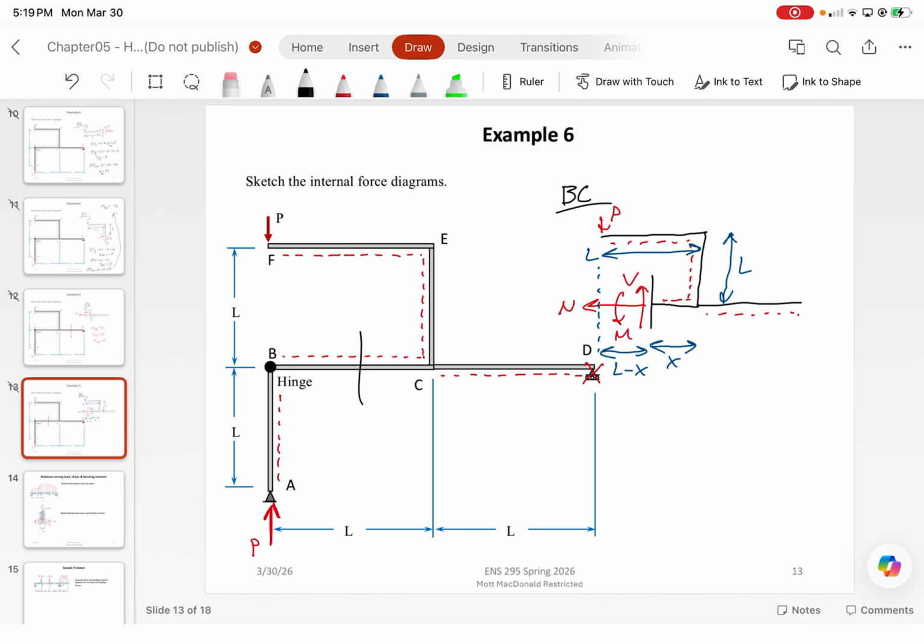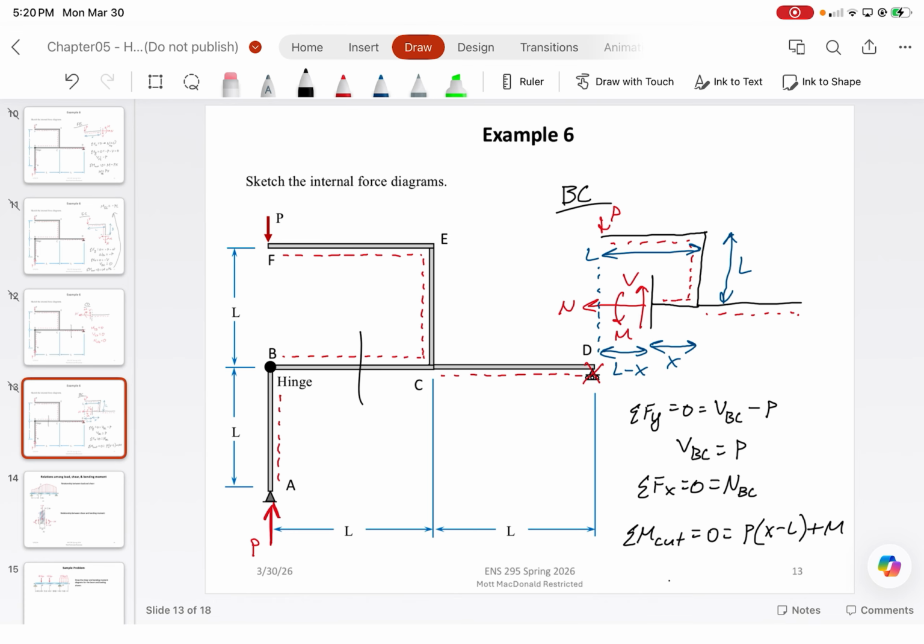And then from the sum of the moments about the cut equals 0, we get that it should be P times x minus L plus M, which means that the bending moment in BC is equal to P times L minus X. Nope, I'm wrong, it's not X minus L. Correct me on that. This is L minus X, which would make this X minus L. My bad. Please make that correction.